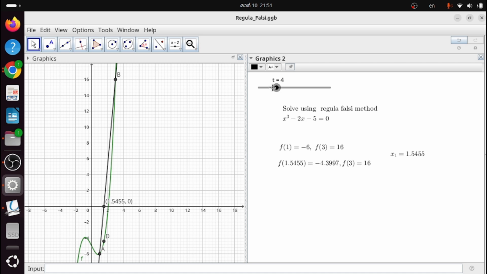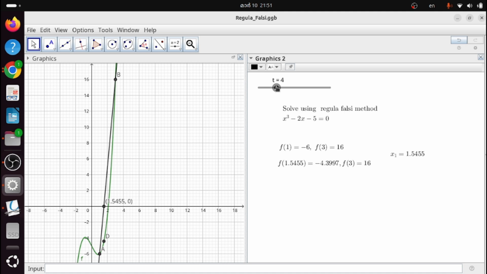Let us calculate the value of the function at 1.5455. Then we get that value as negative. So f of 1.5455 is negative and f of 3 is positive. That means the root lies between 1.5455 and 3.